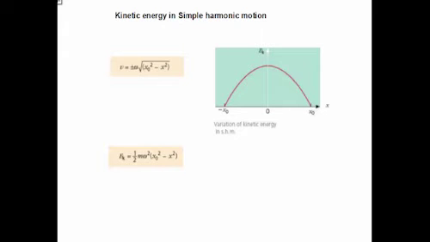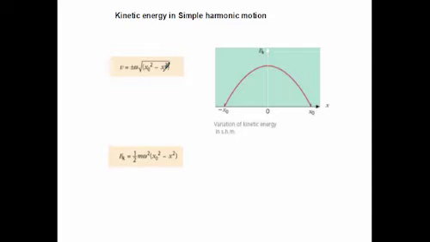Now, we have seen before that the velocity in simple harmonic motion can be given by this equation, v equal to plus or minus omega root square of x naught square minus x square, where omega is the angular frequency, x naught is the maximum displacement, which is amplitude, and x is the displacement at any time. So this will give us the velocity in terms of displacement.